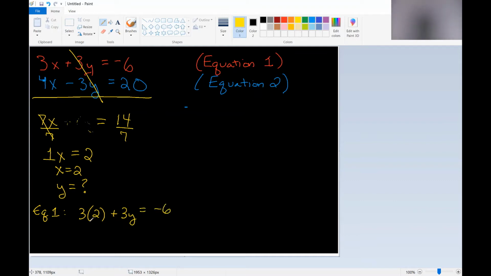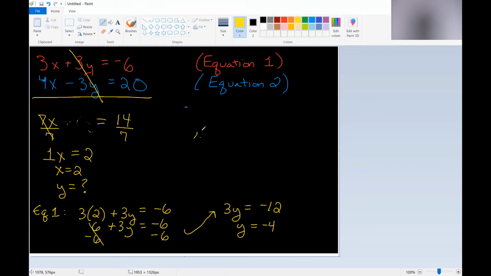So if we simplify, 3 times 2 is 6 plus 3y equals negative 6. Subtract 6 from both sides of the equation. And what we have is 3y equals negative 12. Therefore, y equals negative 4.